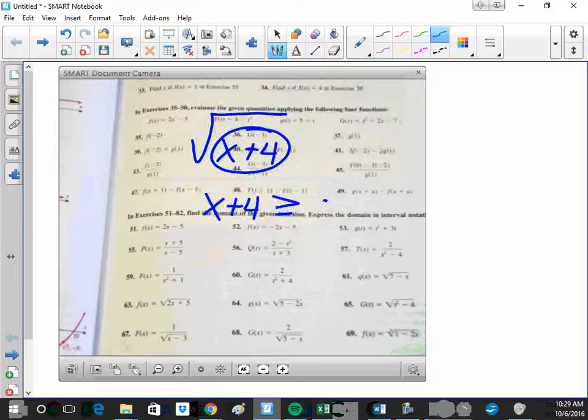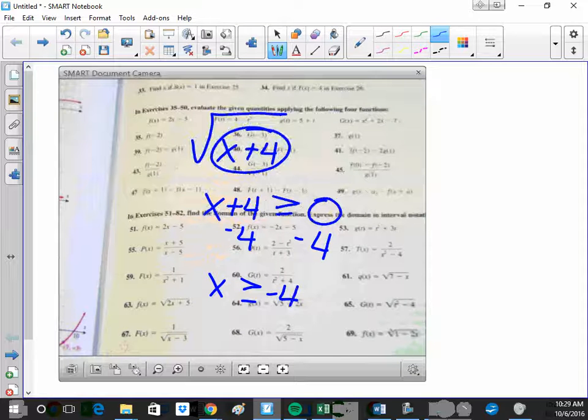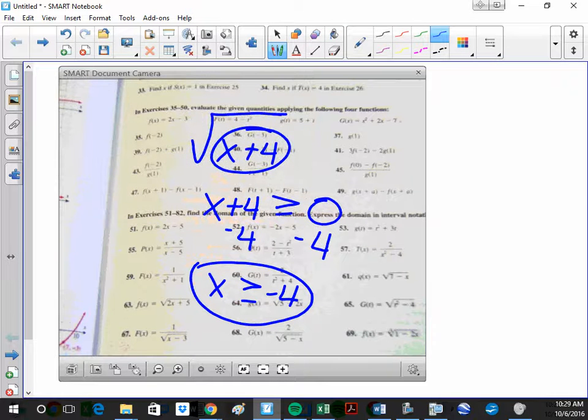Equal to 0 is okay. So now we just solve for x. Subtract 4, x greater than or equal to negative 4. So how do I express that in interval notation? Would be bracket negative 4 to infinity.